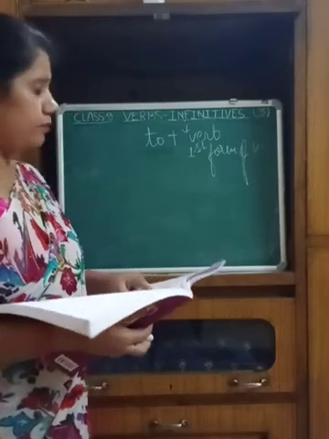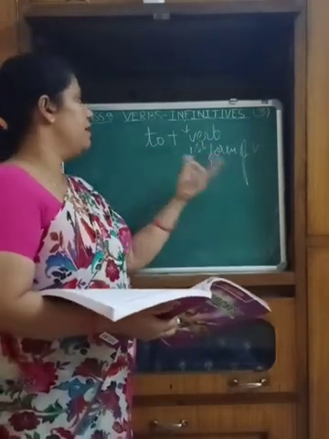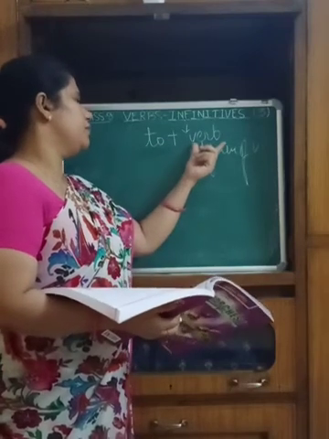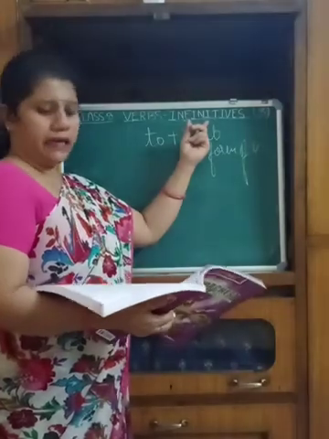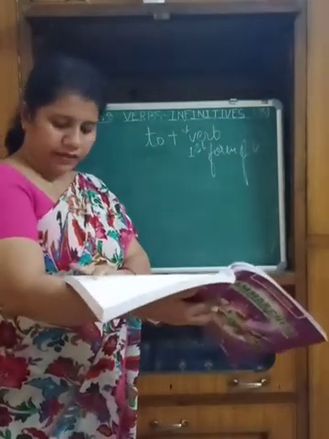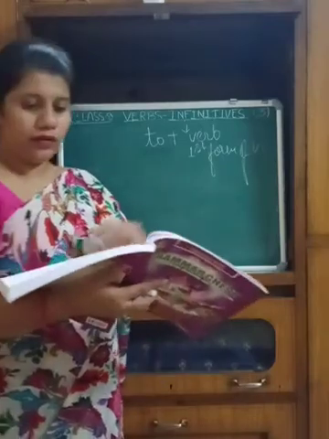So when the preposition to is used with the verb, it is always used with the first form, and when the verb is used in a sentence with to, it is known as the infinitive. See, on page number 41, in bold letters, some rules are given on how we use the infinitive. Mark them and learn the verbs given there.